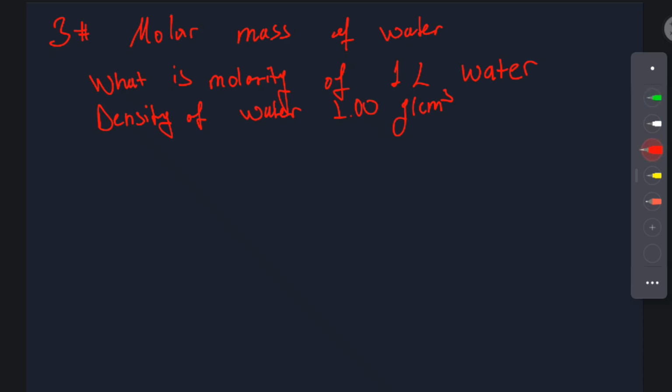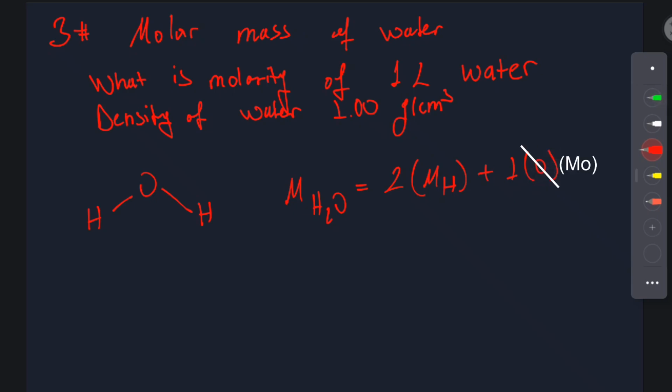We can do the same thing for the water, and water is H2O. We have 2 hydrogen, and we have 1 oxygen. And we know that the density of water is 1 gram per centimeter cube. And the molar mass of the water will be 2 times 1.008 plus 16.